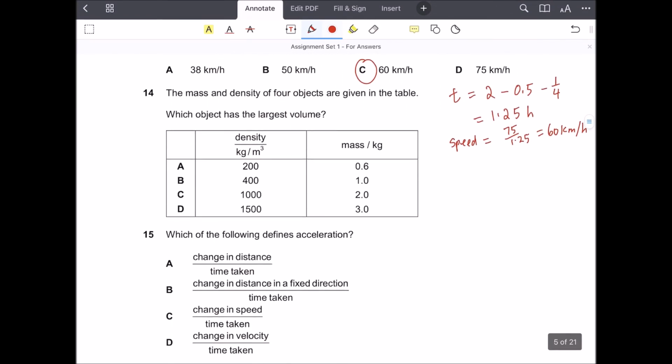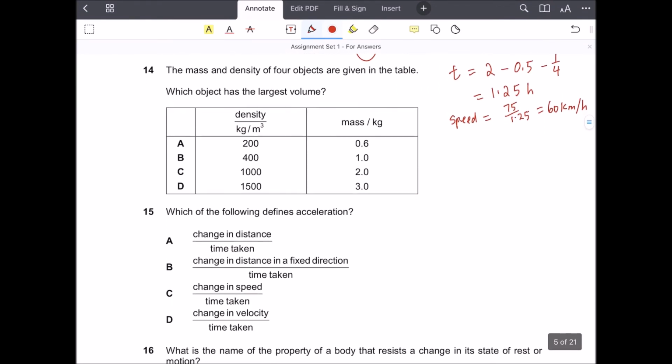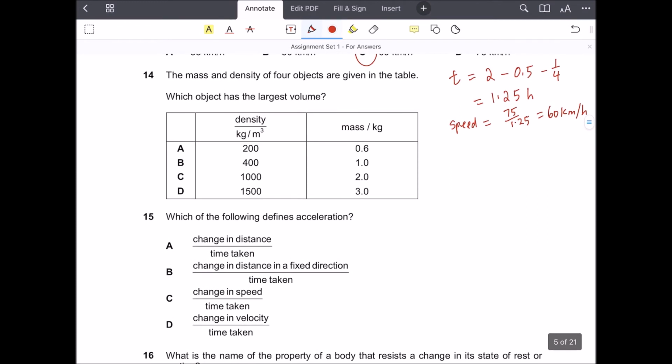So now question number 14. Question number 14, they ask you about which object has the largest volume. So you know the formula: density equals mass over volume, or you can write down volume is mass divided by density. So I can then calculate my volume.